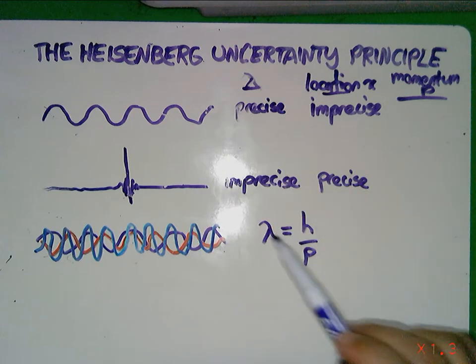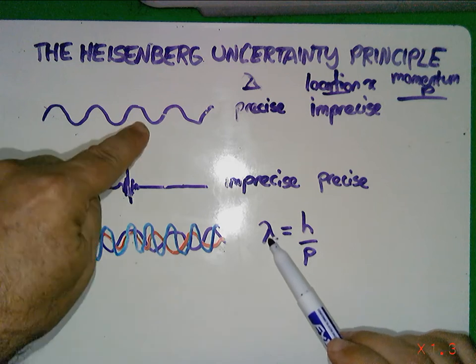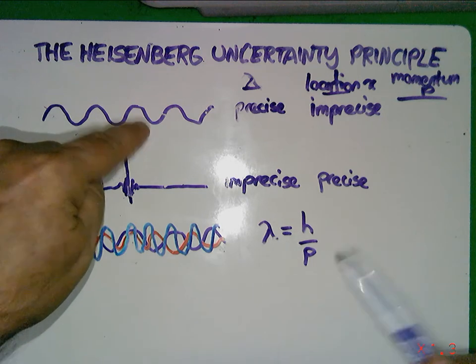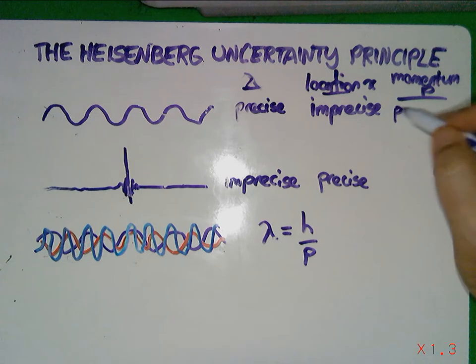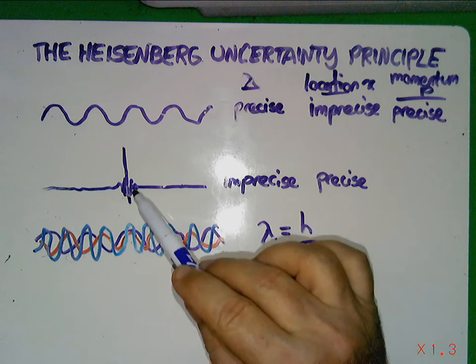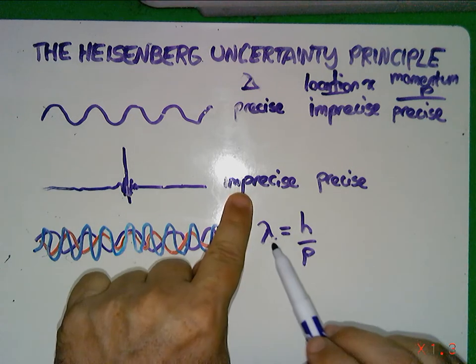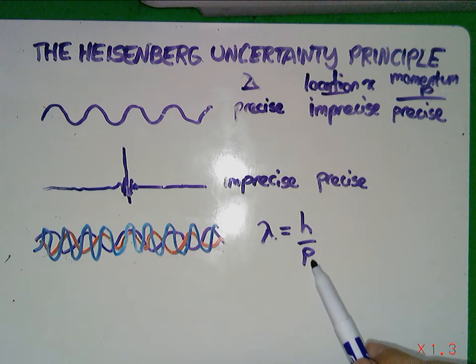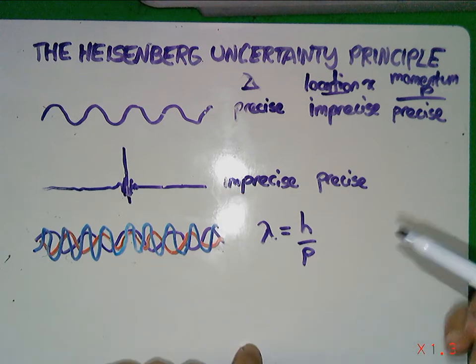Well, I precisely know the wavelength for this wave. So I precisely know the momentum. Okay? Now, how about this wave? I don't really know the wavelength, so I don't really know the momentum.